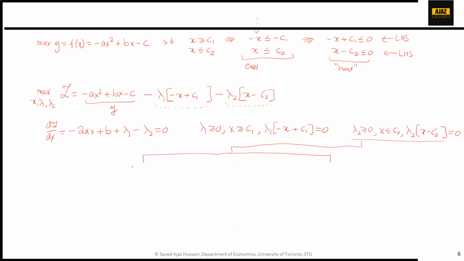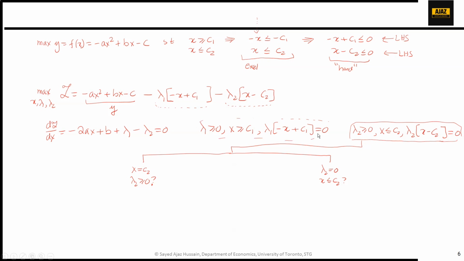Put the x is equal to c2 here. You'll see why I do this. And put the other possibility that lambda 2 is equal to 0 here. If x is equal to c2, you will have to ultimately check whether lambda 2 is bigger than or equal to 0. And if lambda 2 is 0, you will have to check whether x is less than or equal to c2.